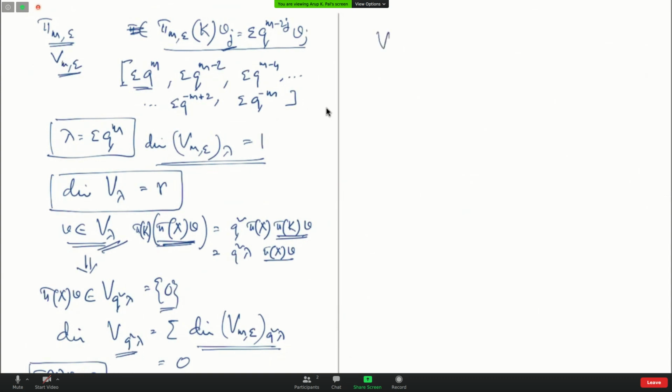We have V, then we have this V_λ, or maybe I'll write explicitly so that there's no confusion. So V_{ε q^m}, that is of dimension r. So let's choose a basis here.